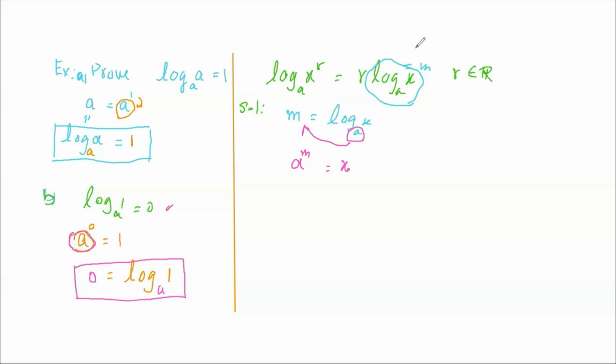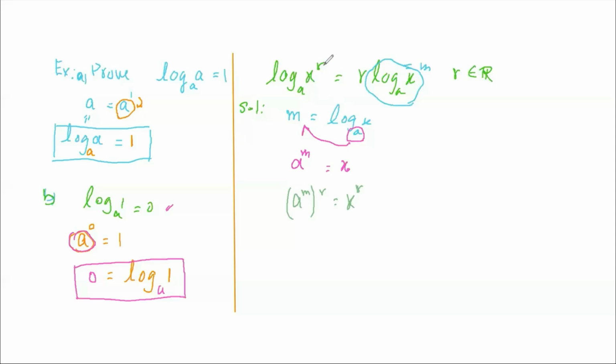Now take a look, because in the question we have log X power R base A, X power R. Now I have X here, so I need to power it by R, right? From this step, I will power both sides with R. So we have A power M, power both sides with R. So I have X power R here.